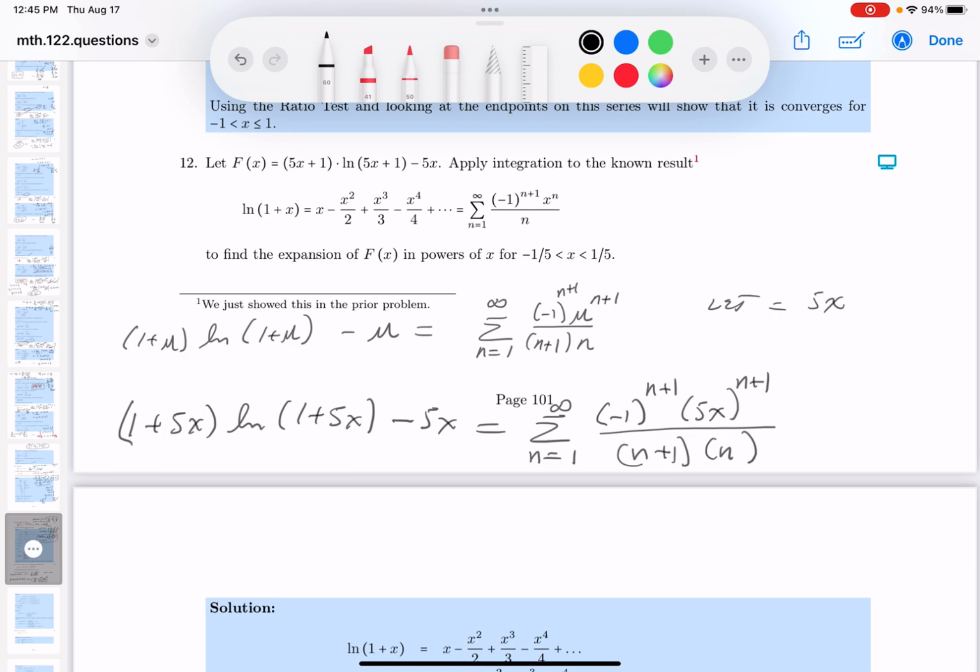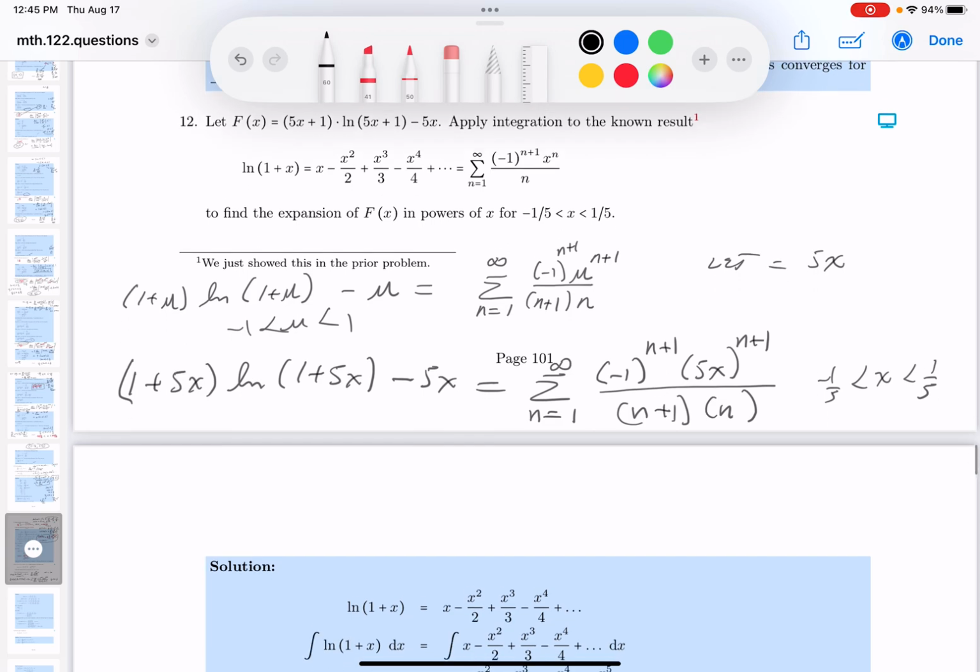All right? And certainly we've discussed this interval before, and the u over here has got to be between minus 1 and 1. And let's take a look at it. If I put 5x down, what would the x have to be between? Minus 1/5 and 1/5?